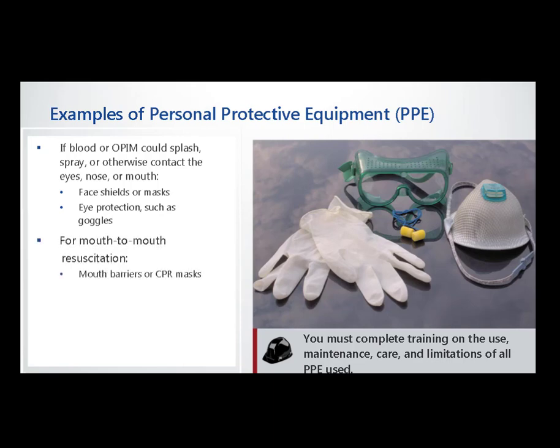For mouth-to-mouth resuscitation, use mouth barriers or CPR masks. Other PPE that may be useful when working around blood or OPIM includes gloves, gowns, aprons, laboratory coats, boots, or shoe covers.